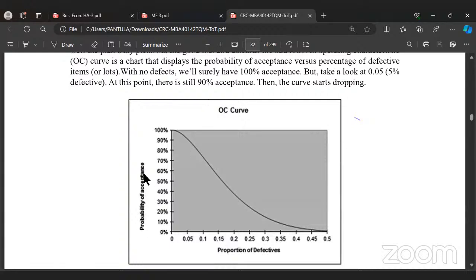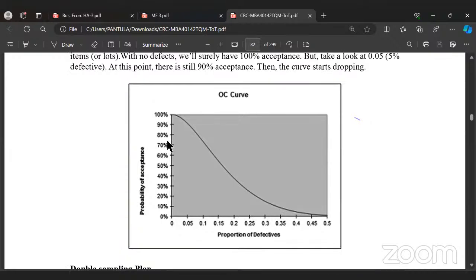The probability of acceptance, if it is taken as zero defective products, is 100. As the portion of defective increases, say to 0.5, the curve is going to slowly come down. Here we are rejecting the lot, not accepting it.